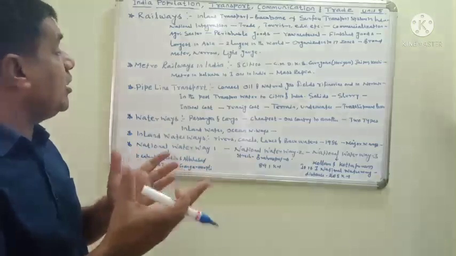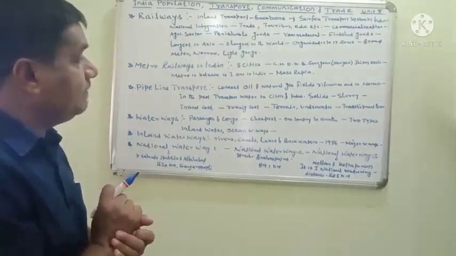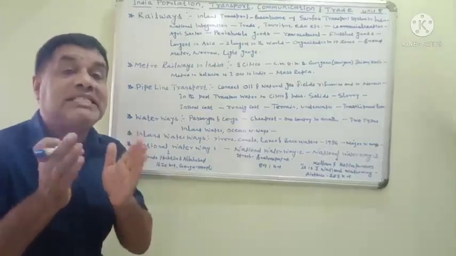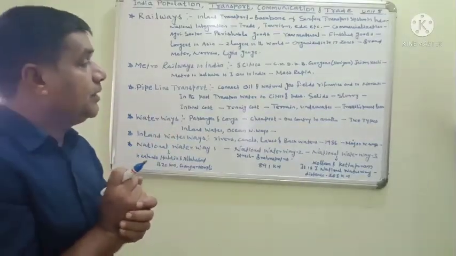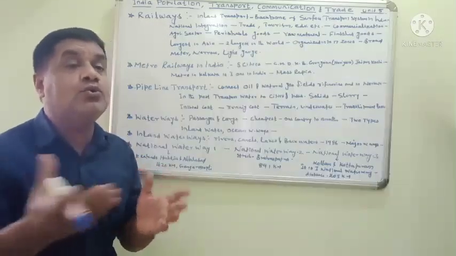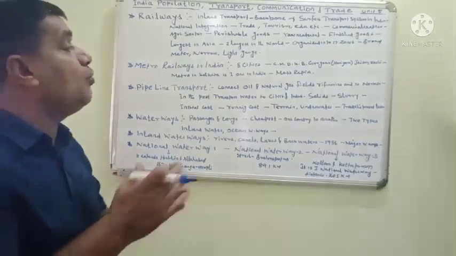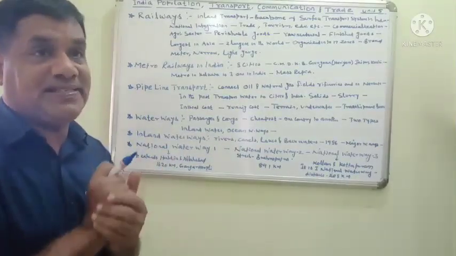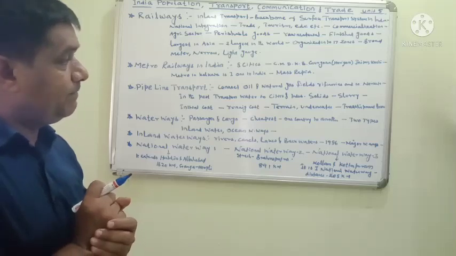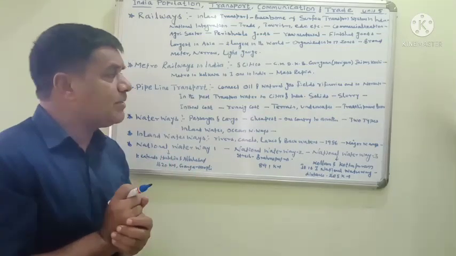It is one of the cheapest means of transport. It carries goods and services, finished products and raw material from one country to another through the waterways. It connects many countries also.